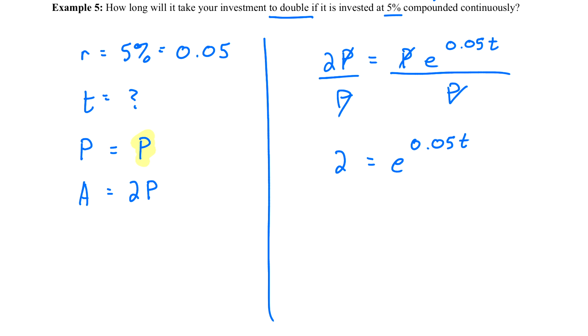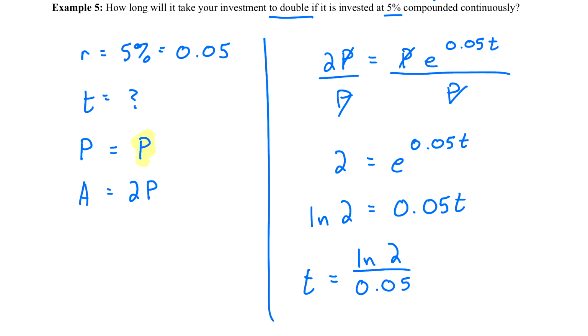Hopefully we kind of know what to do from here. I'm going to take the natural logarithm of both sides to get rid of that exponential. If I take the natural log of the left-hand side, I'll have natural log of 2. And on the right-hand side, natural log and e will cancel. I'll be left with 0.05t. So that means that t must be natural log of 2 divided by 0.05.